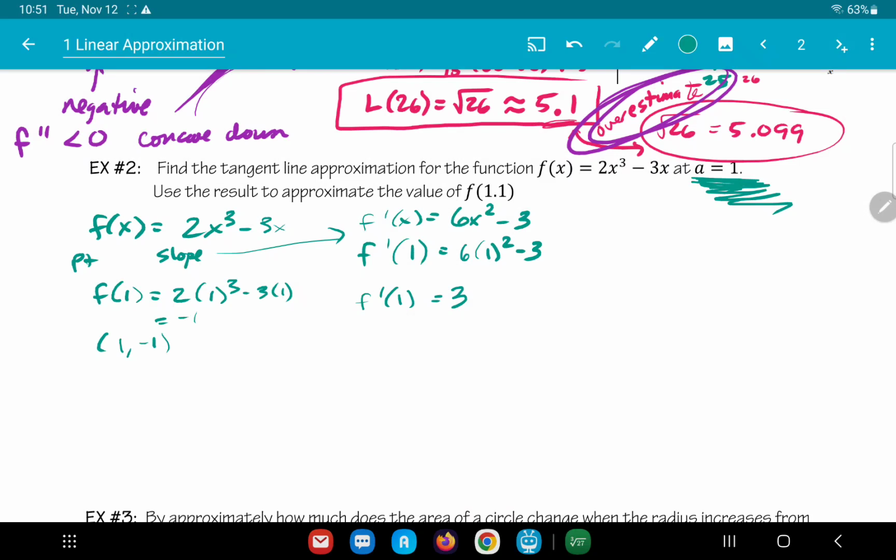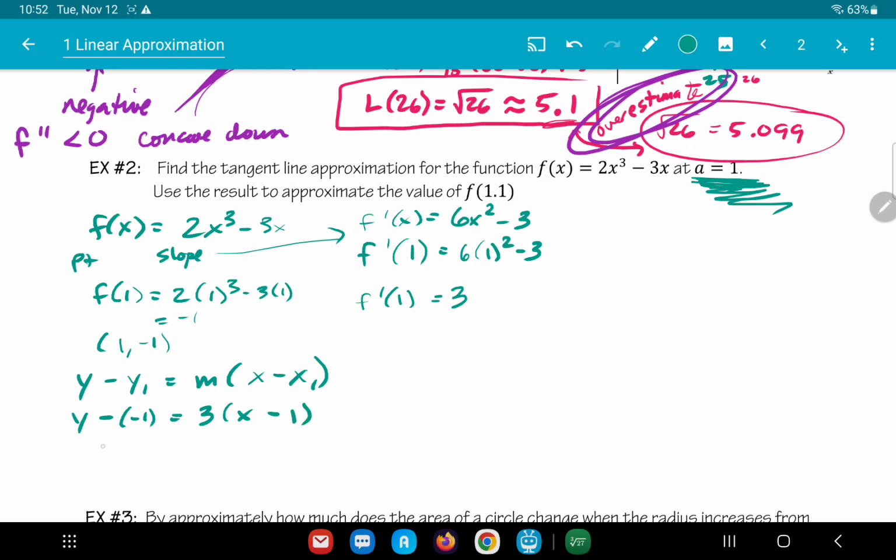Let's go ahead and write our tangent line approximation now. So y minus y1 equals m times x minus x1, and let's fill in the missing numbers. y1 is negative 1, m is 3, and x1 is 1.